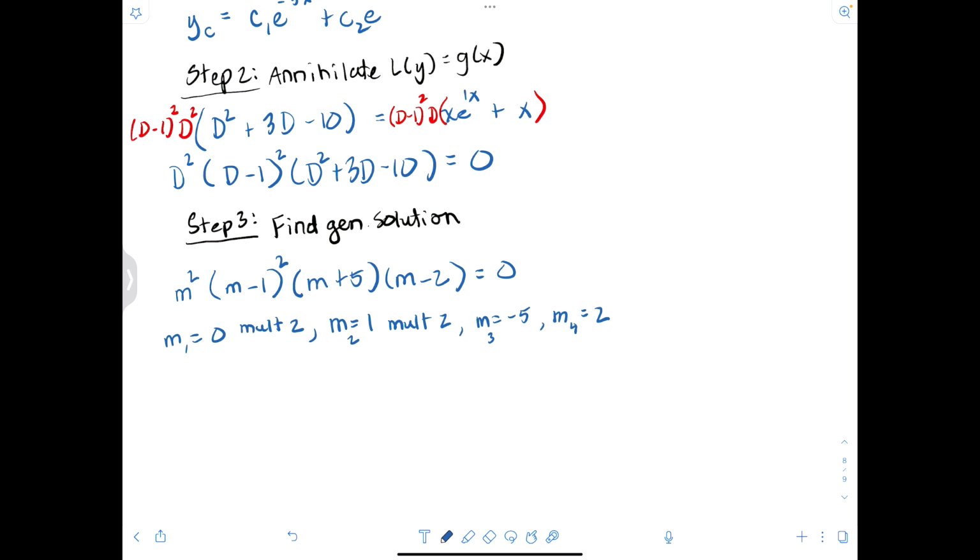So y will equal c1 plus c2 times x from the m1 equal to 0 with multiplicity 2.